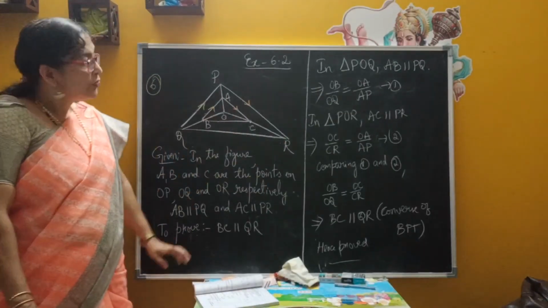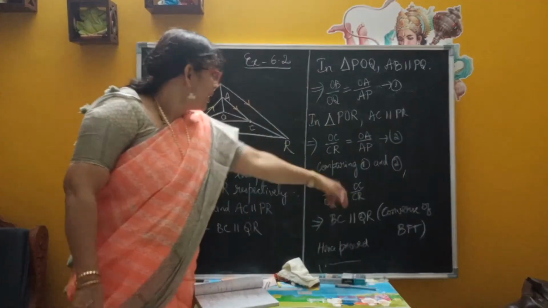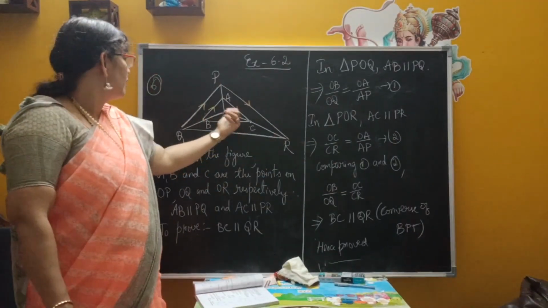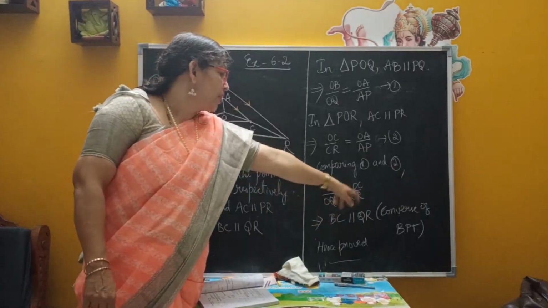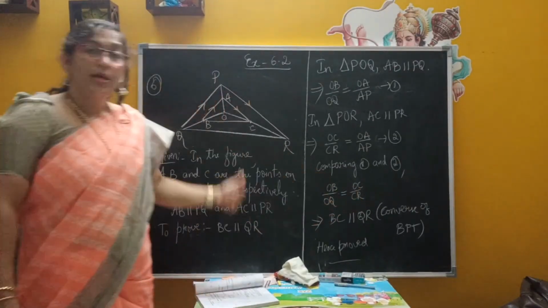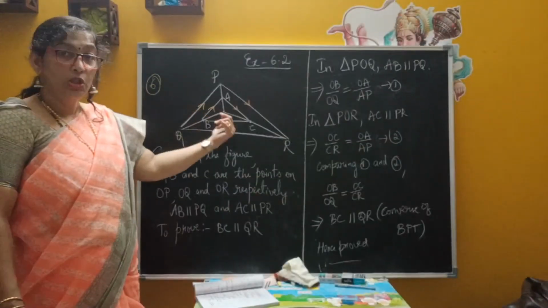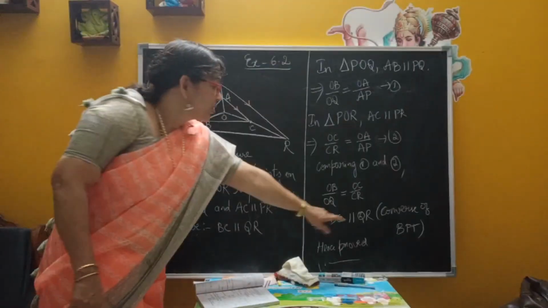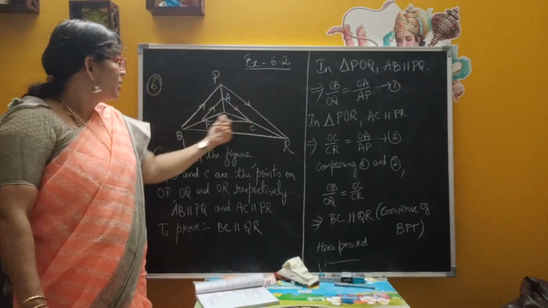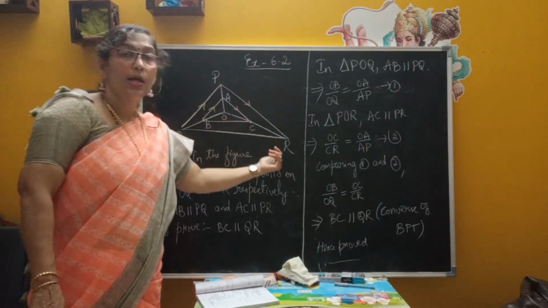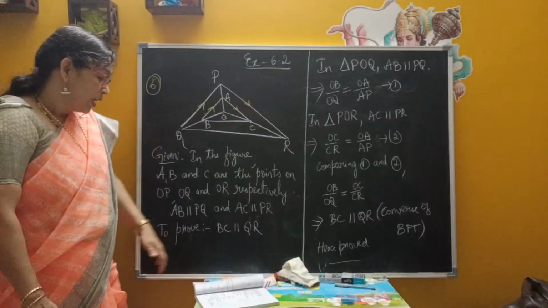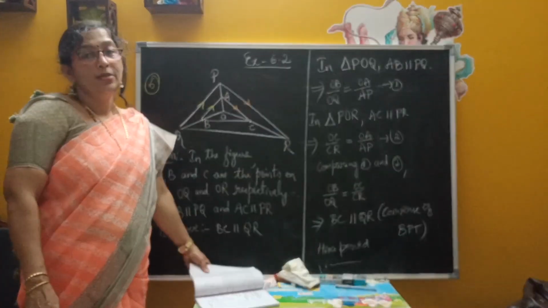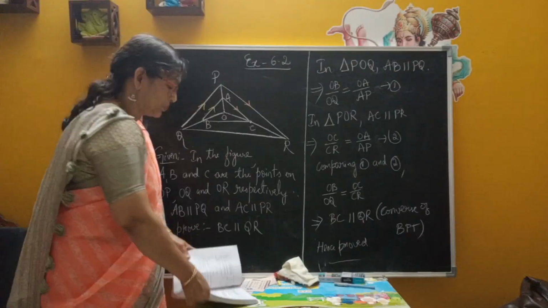Here, the line BC divides OQ and OR in the same ratio, that is OB by BQ is equal to OC by CR. So what do you say? The lines BC and QR are parallel to each other. Converse, so here we have proved this also. Very simple now.